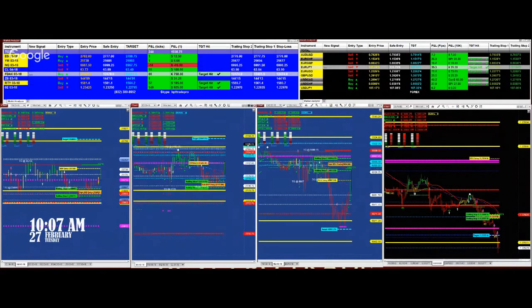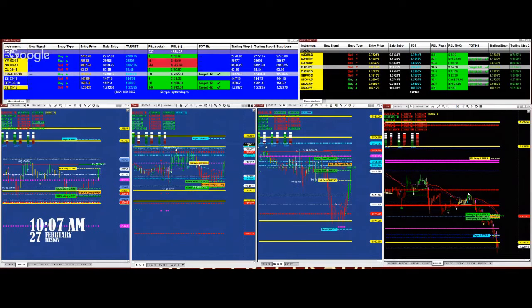And now you can see it's about time. We will have new signals coming out on the ES, YM, and NASDAQ. As an example, if you look at the 6E, we had an entry today at 234.25.